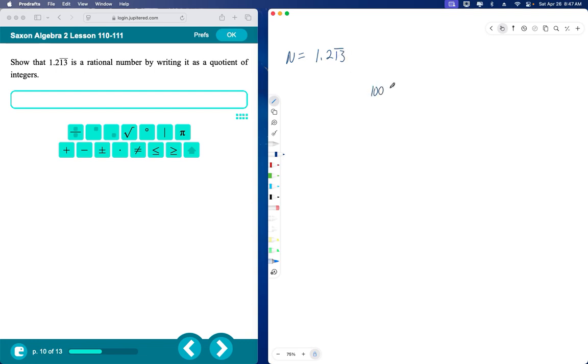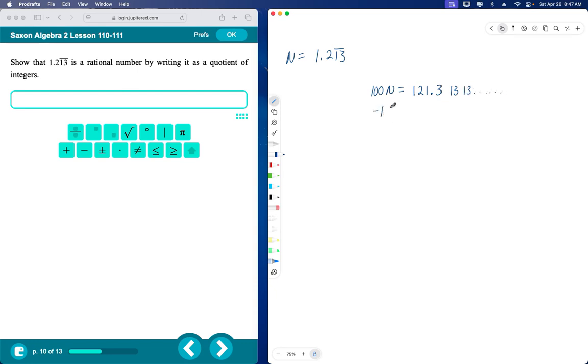So 100 times n is equal to 121 point. Is that right? 1, 2. Yeah, that's right. 3, and then 1, 3, 1, 3, repeats, right?